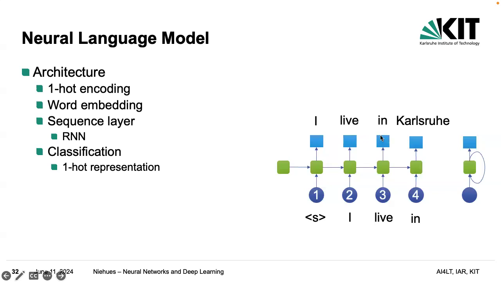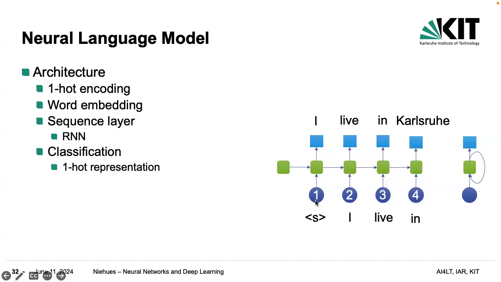So what does the model then do? You have the RNN. The prediction here depends on this hidden state. This hidden state depends on the last word, lived, and the previous hidden state. This one depends on I and the previous hidden state.